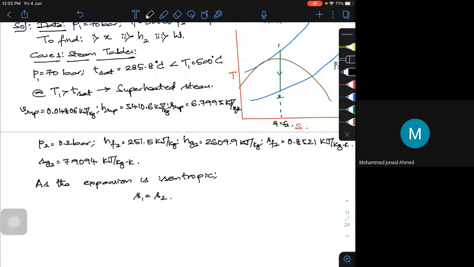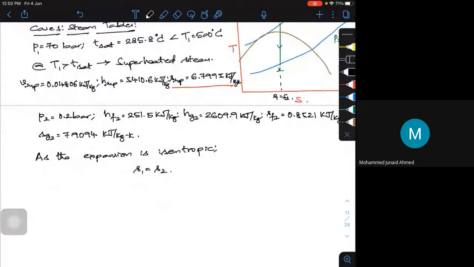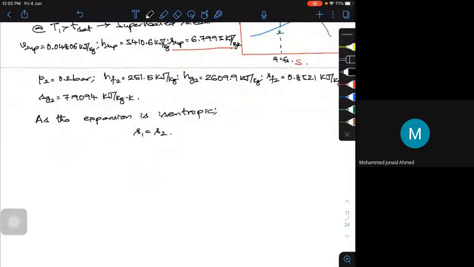Entropy at 1 is equal to the entropy of the superheated steam. What is entropy at 2? Entropy at 2 is a wet condition, so this will be equal to SF2 plus X into Sg2 minus SF2.